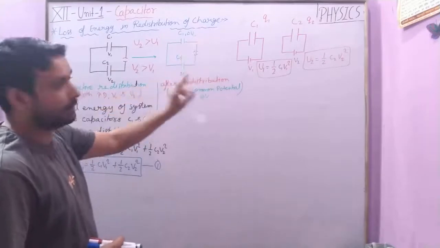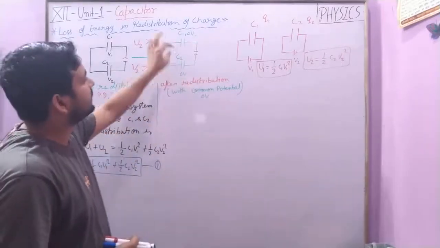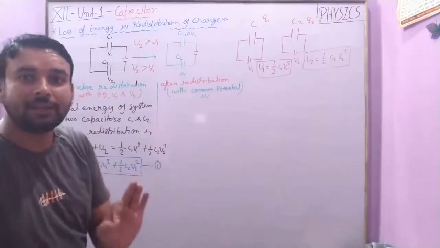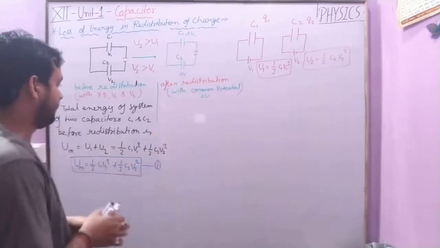Okay, then when the circuit is closed by using a plug key, we observe that the charge will transfer from capacitor C2 to capacitor C1 till they get a common potential.